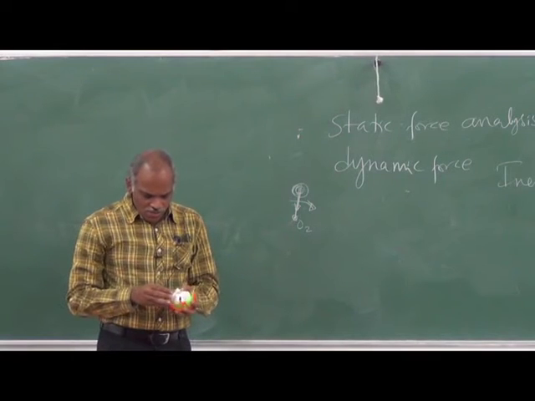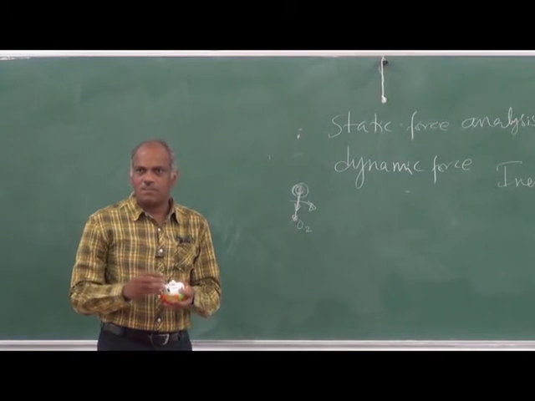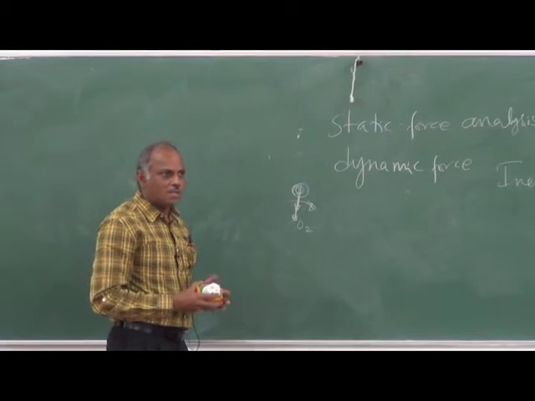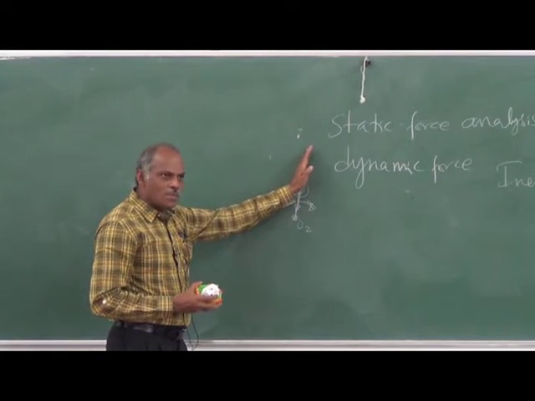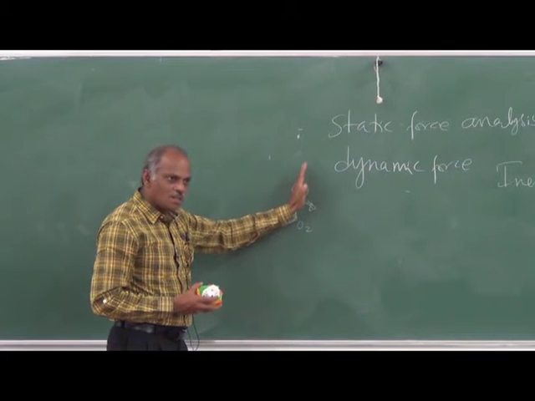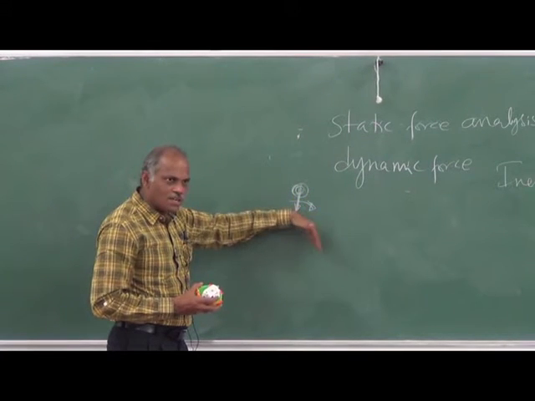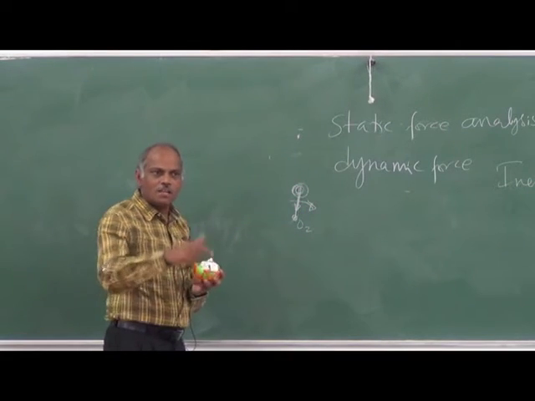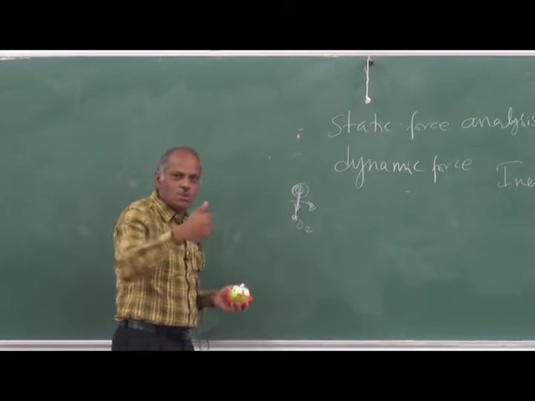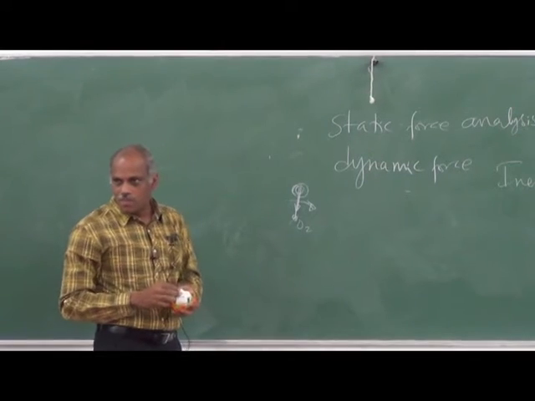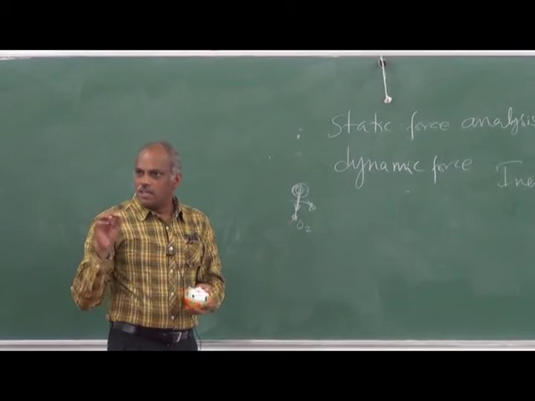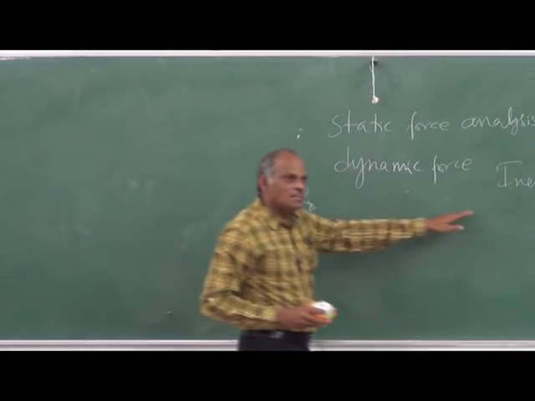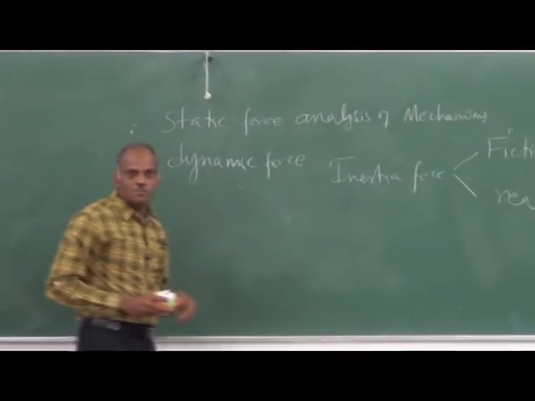If I switch on, you can see the effect. We will be discussing this in detail in the balancing chapter. This force is constant in magnitude, but the direction will continue to change as it rotates, so the reactions also will continue to change. The reactions will be exactly equal to the inertia force.